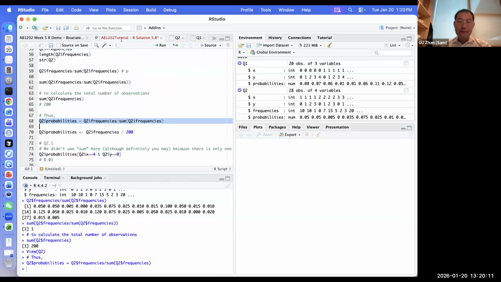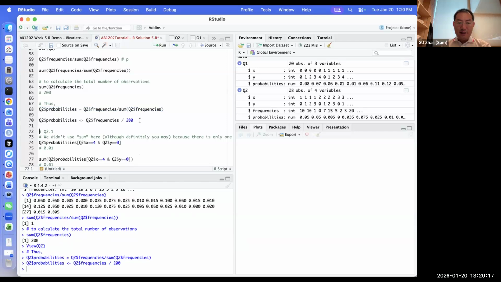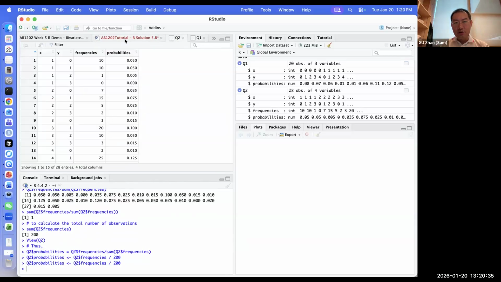You can also run the next line, line 70. In line 70, you use 200 instead of recalculating the frequency each time, so it's slightly easier. Then run it. The new probability will overwrite the original probability because they have the same name. So we verified, you see there's no change.